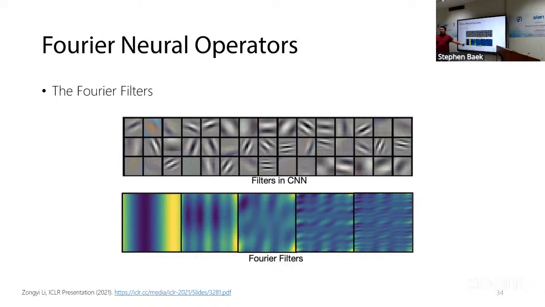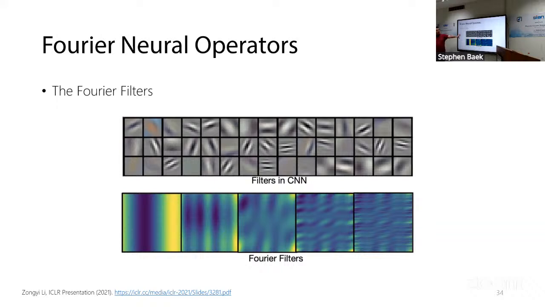Fourier filters, on the other hand, are continuous. So no matter how much you zoom in, you still have really fine resolution, because in theory this is continuous, right? You basically have sine functions with different frequencies, and as a combination of those sine waves, you can generate lots of different patterns.